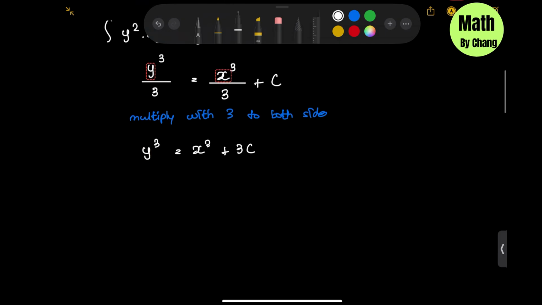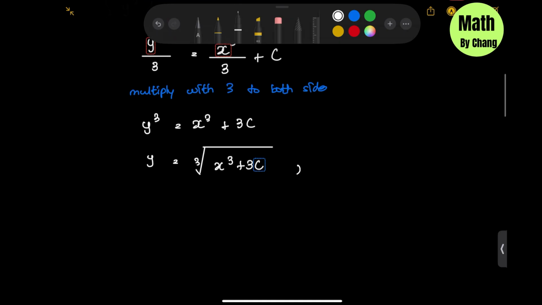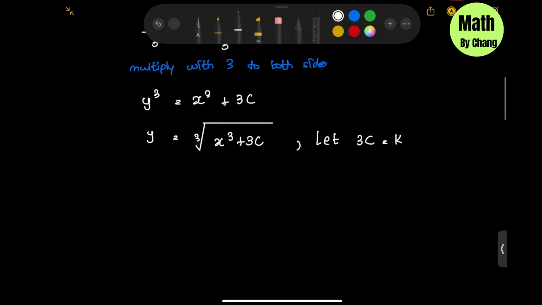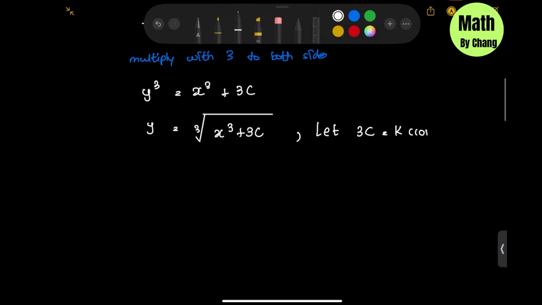And what we want is y, so y equal to the cube root of x cubed plus 3c. Okay, you got it. And you can put 3c to be k, some constant. This one is a constant, so we would just substitute it.